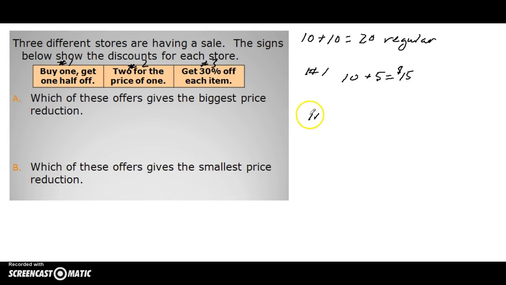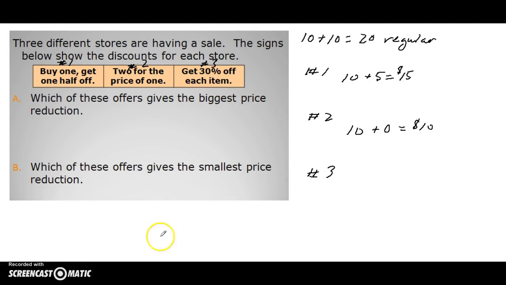For number 2, 2 for the price of 1. So if I spend $10, I get the other one for nothing. So it's just $10. And then number 3, each item gets 30% off.